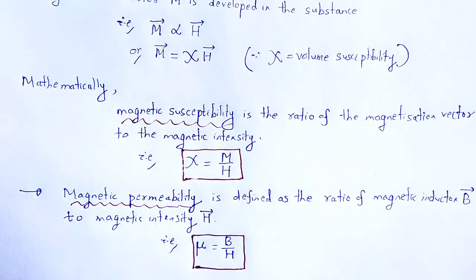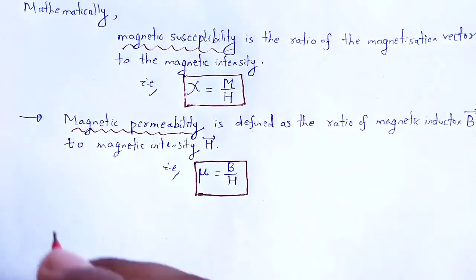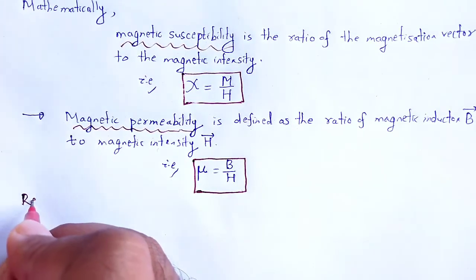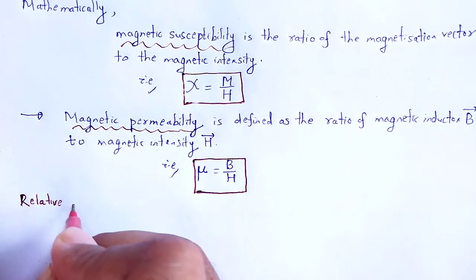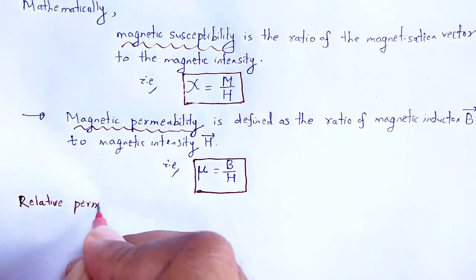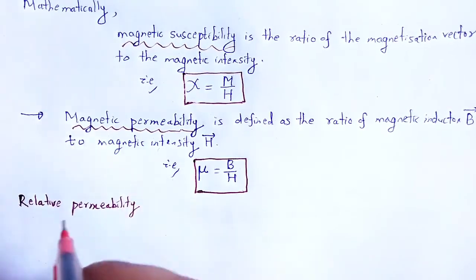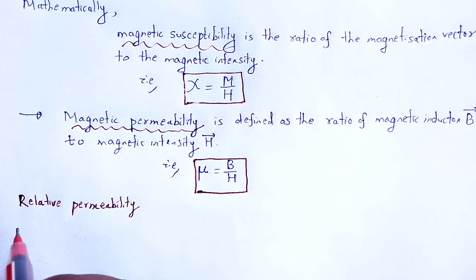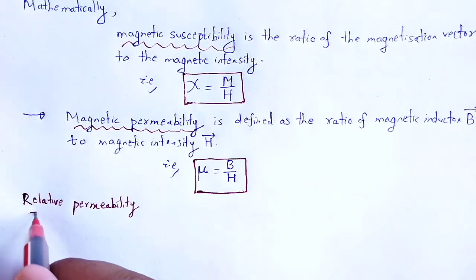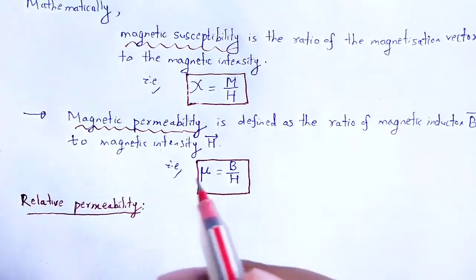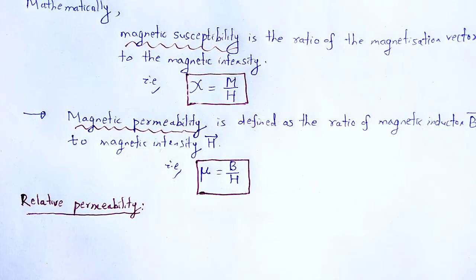Again, a term is defined, that one is relative permeability. In electrostatics, we introduce a term dielectric constant. Here in magnetostatics, relative permeability plays the same role as the dielectric constant plays in electrostatics.